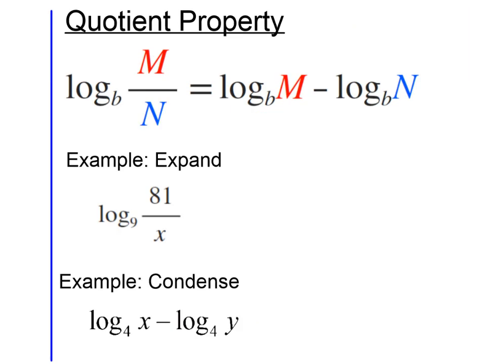Our second property is the quotient property. Remember that when you have two bases the same, but with division in between them, you take their exponents and you subtract them. Much the same way with a log's quotient property.